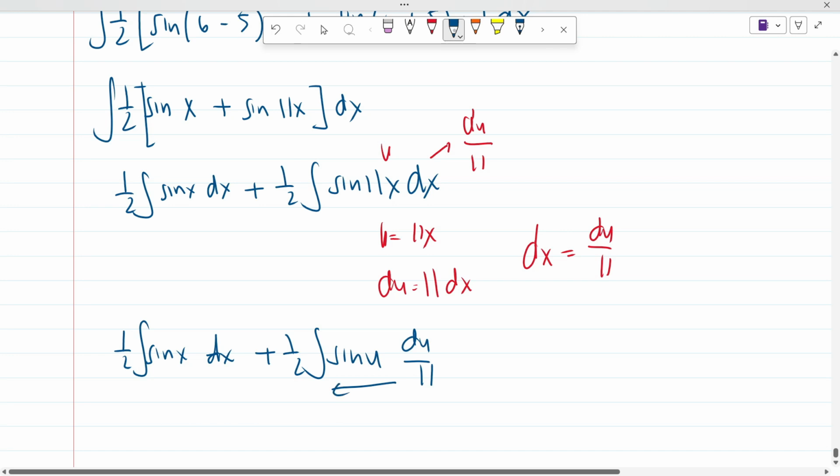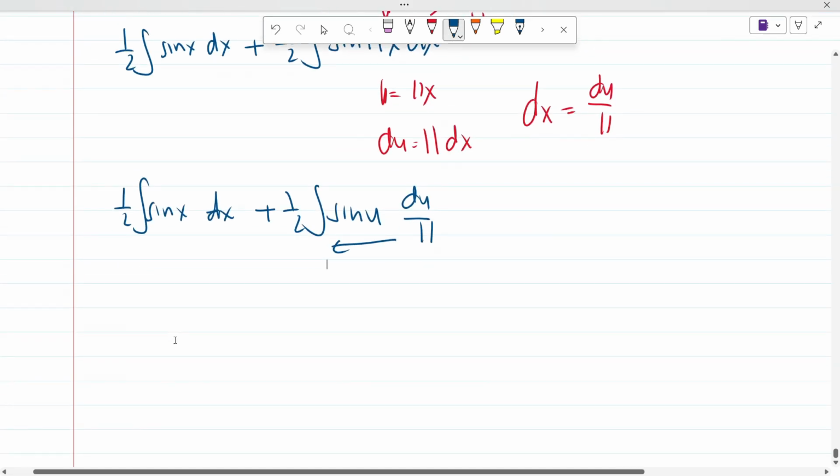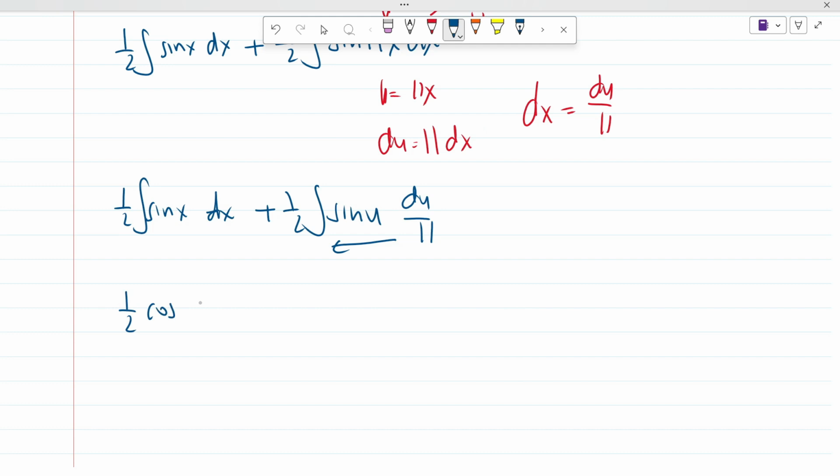The 1 half integral of sine x equals negative 1 half cosine of x, plus, for the other, when we take out the du over 11, the 11 becomes 1 over 11.